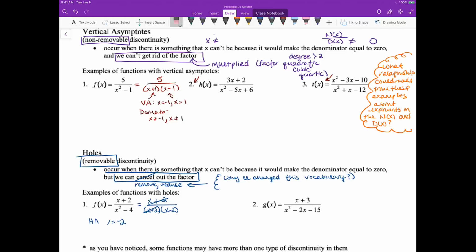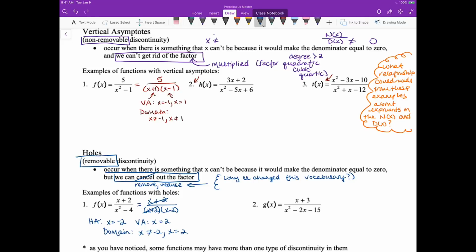So then the asymptote would be that factor that doesn't cancel out, a vertical asymptote at x equals 2, and then the domain is restricted by these values of x that make the denominator 0: x equals -2 and x equals +2.